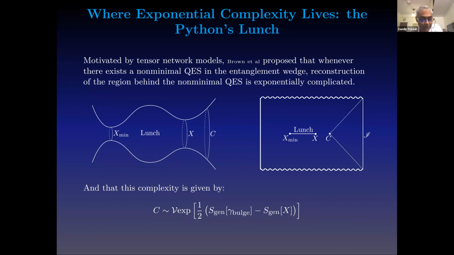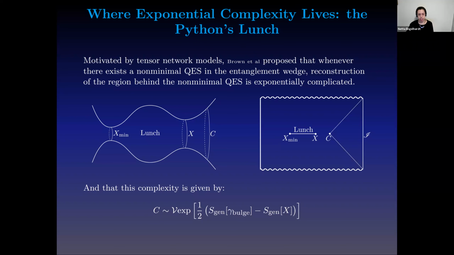And just so I understand, the idea being that Hawking's calculation corresponds, as you said, to the non-minimal extremal surface. Yeah. Then there is, of course, the real minimal surface, which lies at the tip of the island, and the difference between the two, they're trying to quantify in terms of this bulge.